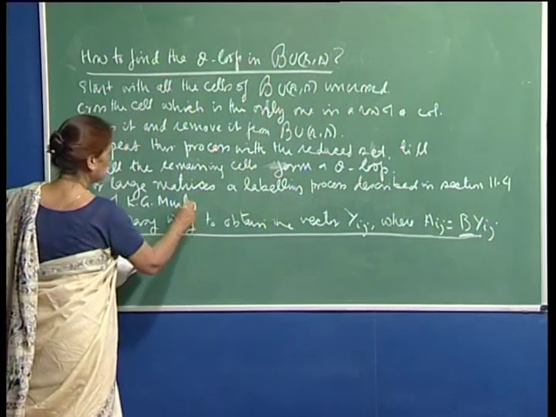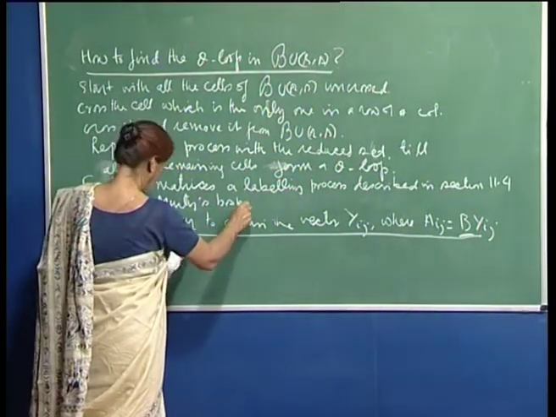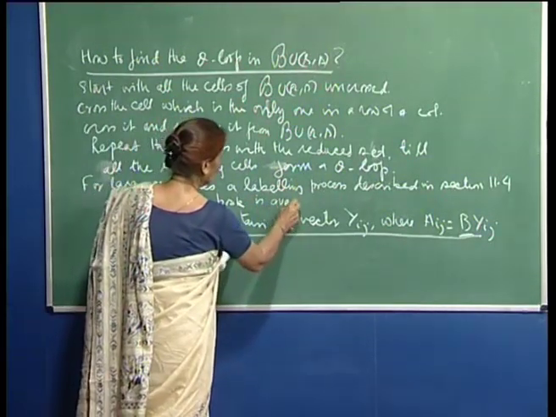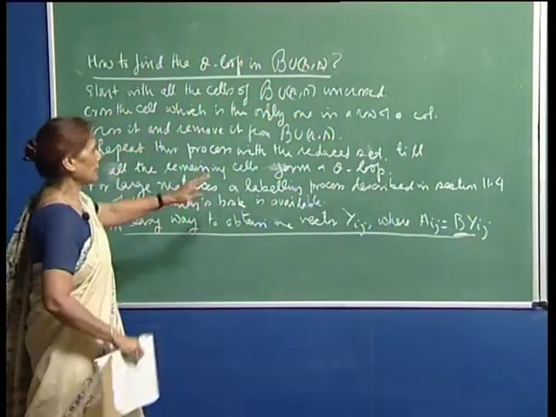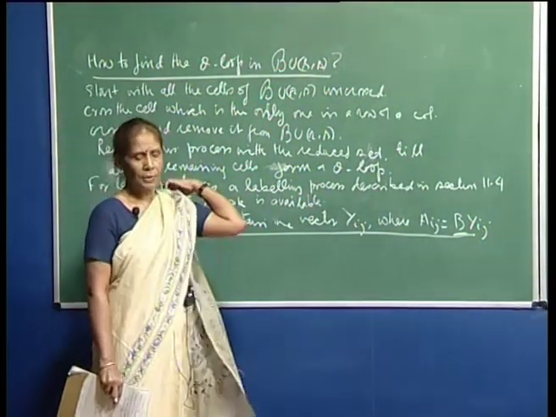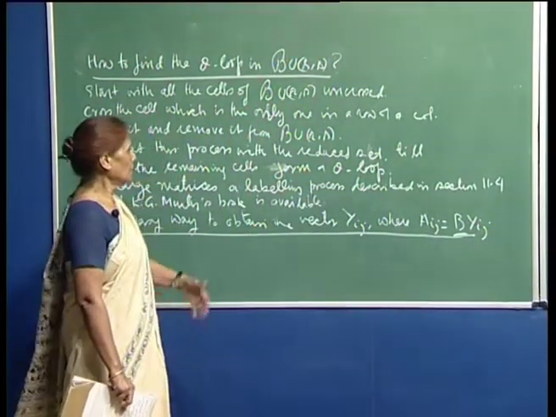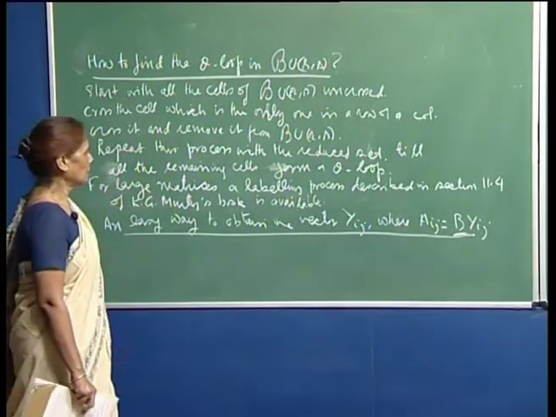I have already given references, K.G. Murthy's book is available. Okay. Simple labeling procedure, but it sort of streamlines the search for a theta loop when you have a large array and you want to locate a theta loop. Okay. So, therefore, this can be done, right.